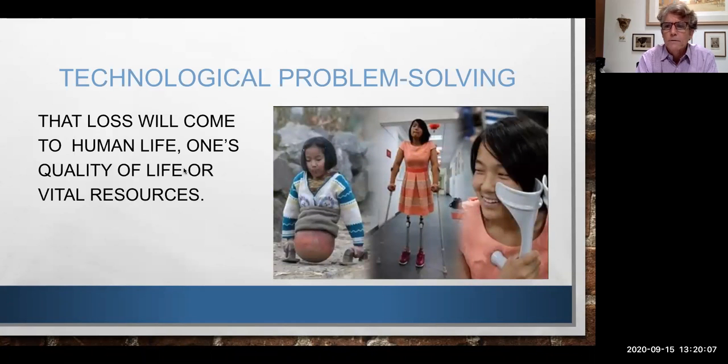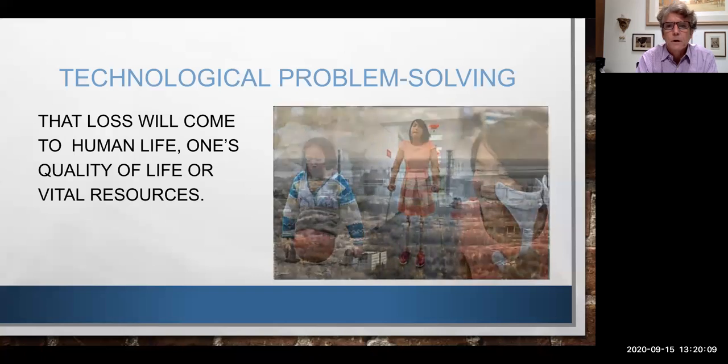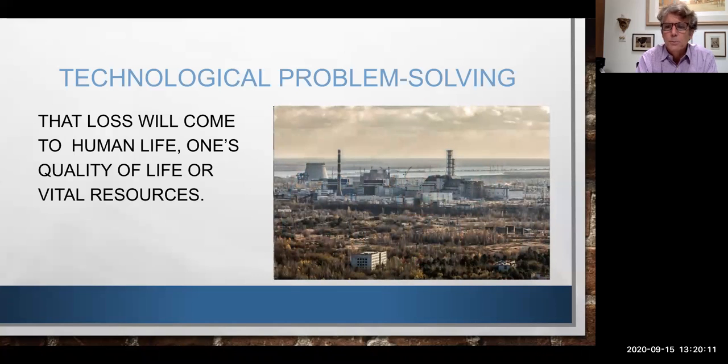So these are ways that people have been hurt by technological problems. Those are probably kids that have suffered from landmines and spare munitions in war zones like Vietnam. This vaguely looks like Bhopal. I think that might be a nuclear stack over there.